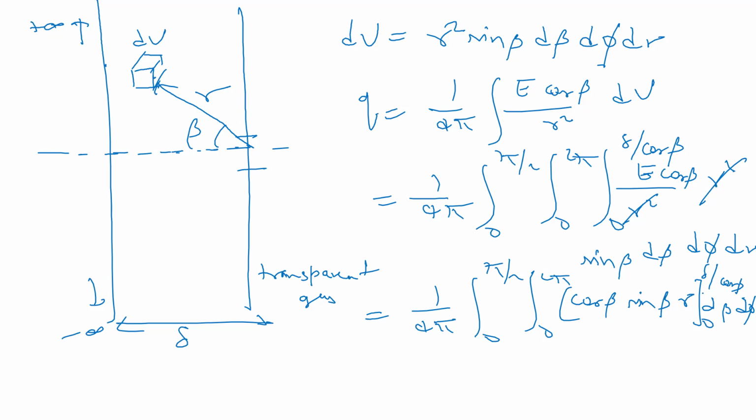So if you put the value of del upon cos theta and 0, we will get 1 upon 4 pi integration 0 to pi by 2, integration 0 to 2 pi E del sine beta. I forgot the E, sorry, E will also be here.